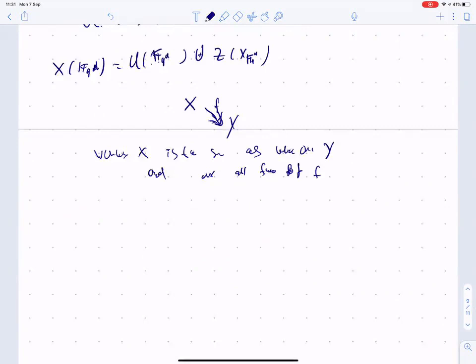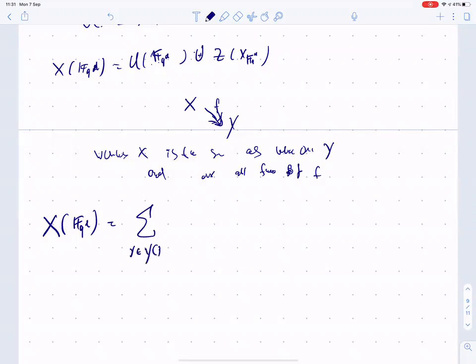When you're looking at it as a counting problem, you can just write down the following thing: the number of points is the same as the sum for all y in F_q^d of the fiber. Right? This is what you get.